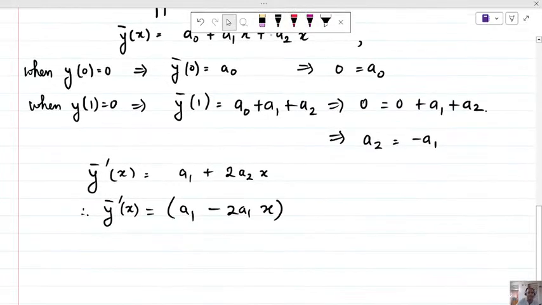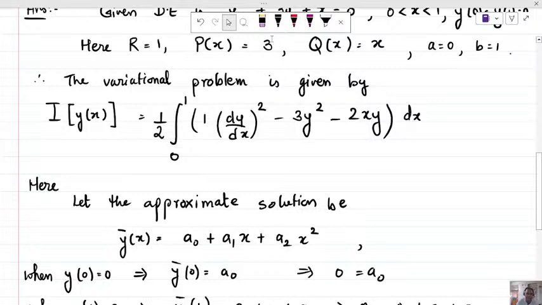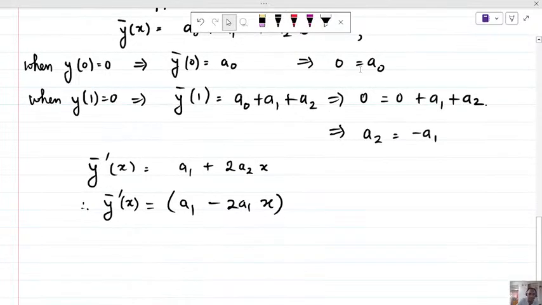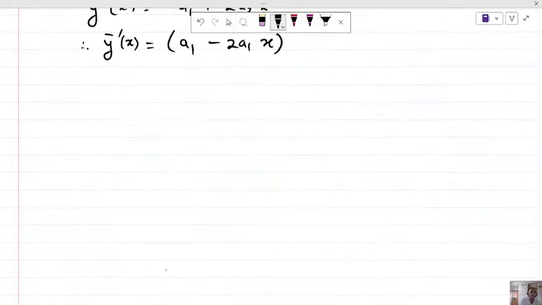Now we have to substitute all those values that we have taken care of into the variational problem that we have right now. So what is the substitution going to be? Here f of x comma y dash will now get converted to f of x comma y bar dash.